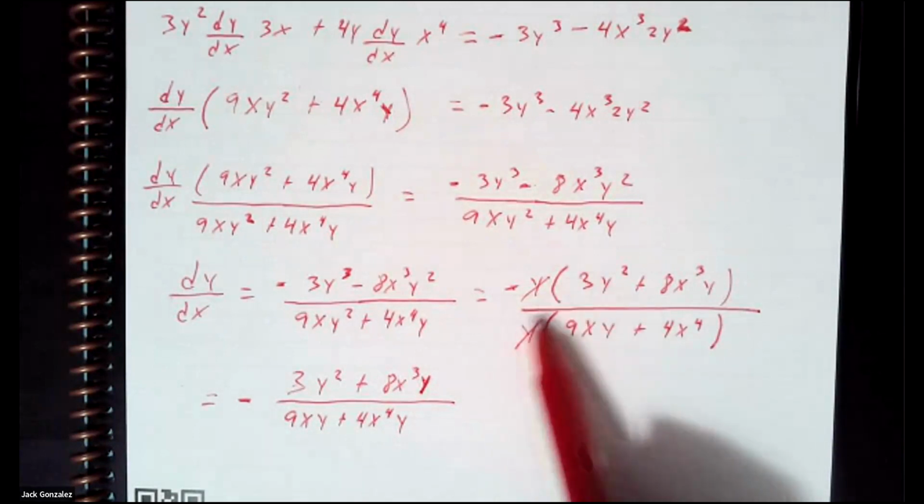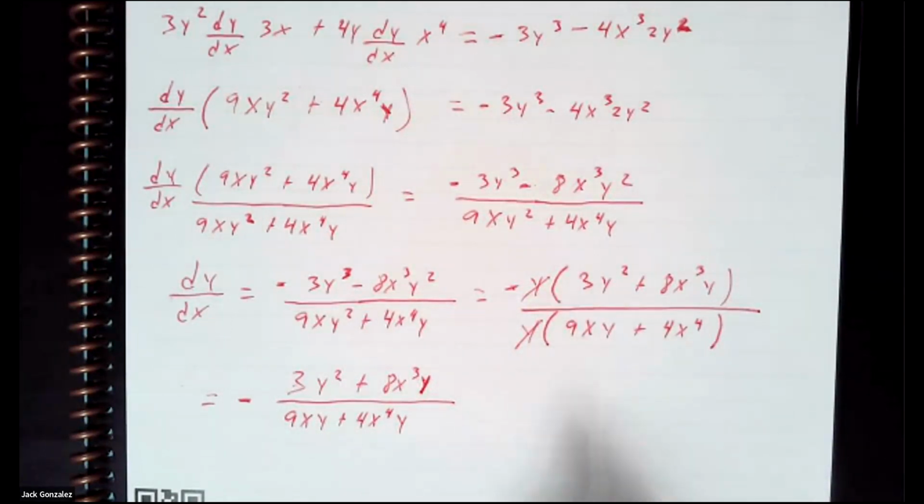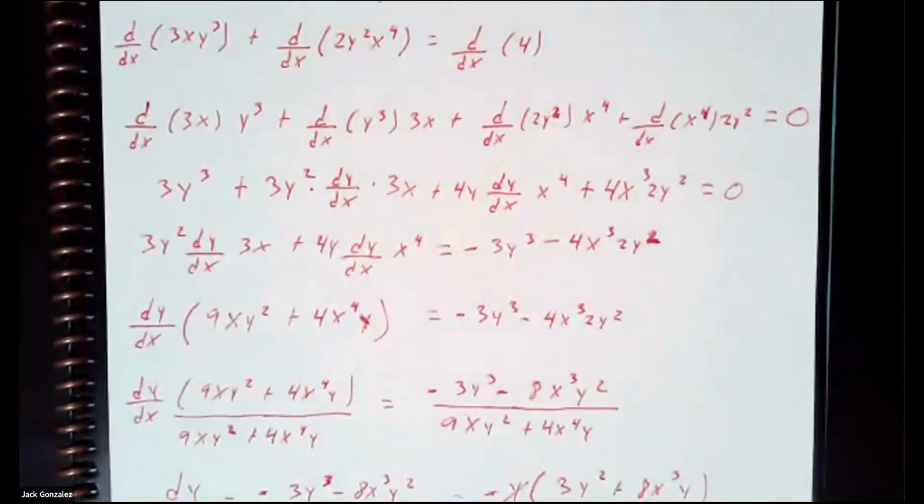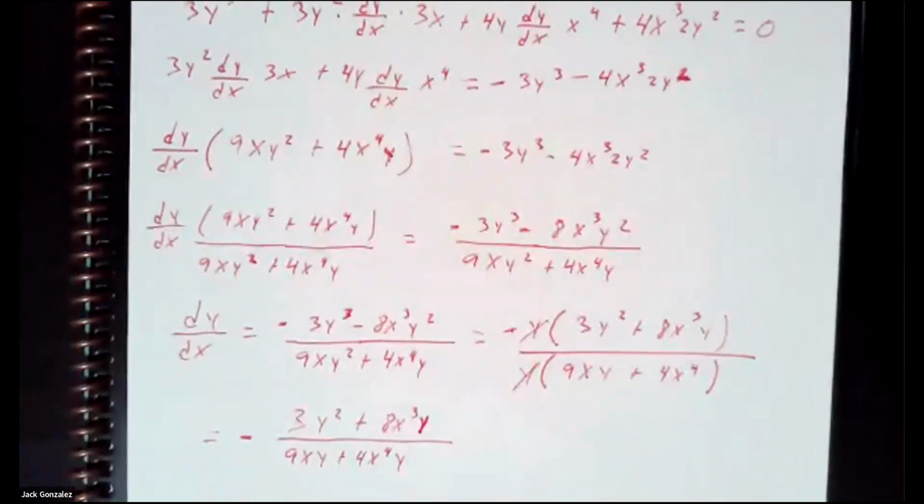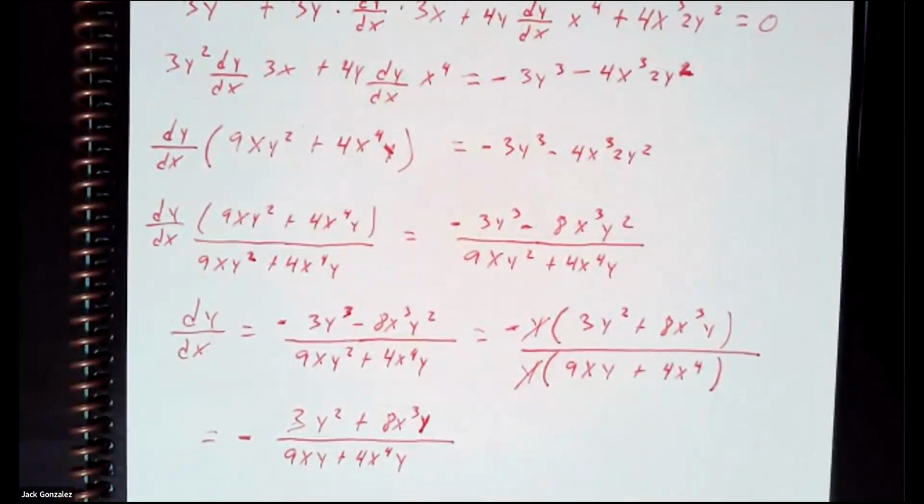The only time things cancel... All right. Any questions on the derivative part or the algebra part? I think half the problem was calculus and the second half was algebra.